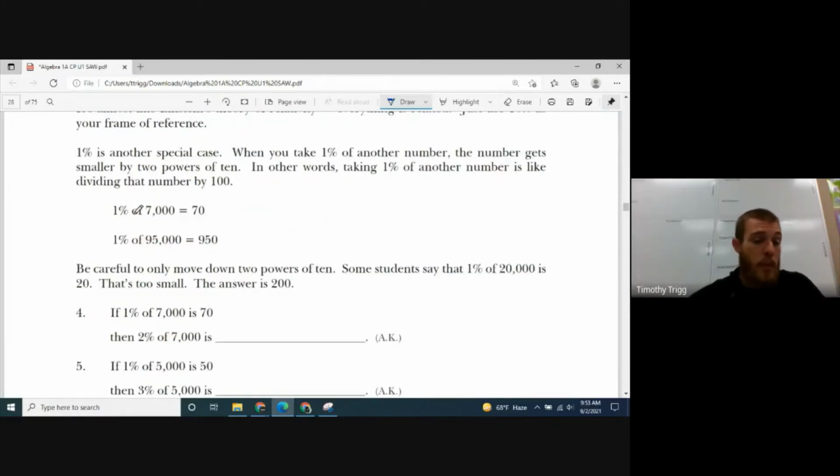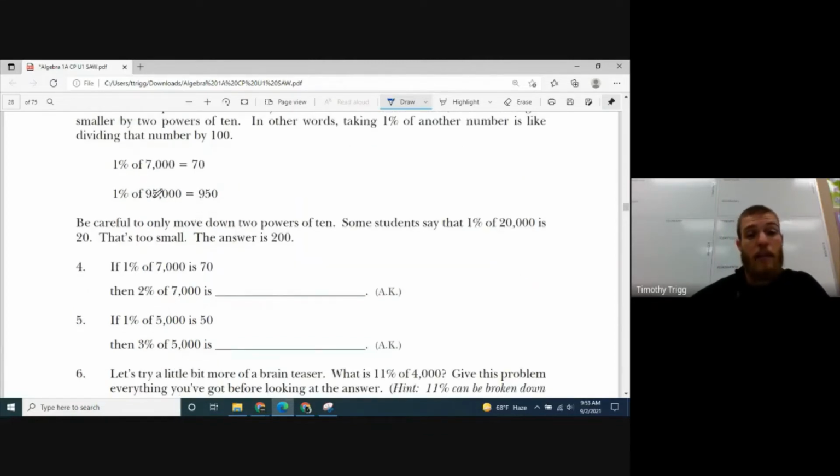To find 1%, you could do that quickly. Basically, you just move the decimal two places. So in this example, 1% of 7,000 is 70. 1% of 95,000 is 950, moving two decimal places. Whenever you have a whole number, you know the decimal is at the end. So that moves it over two places like that.